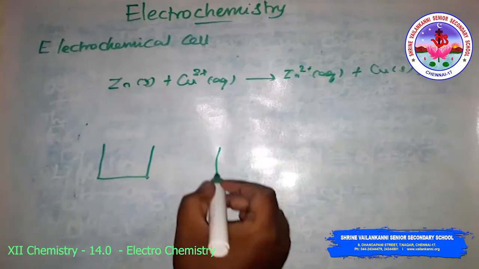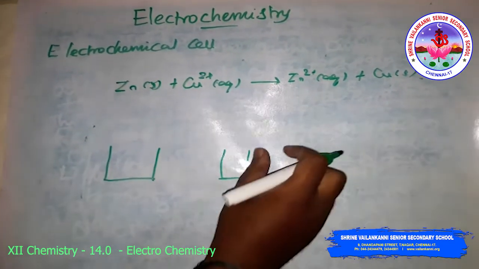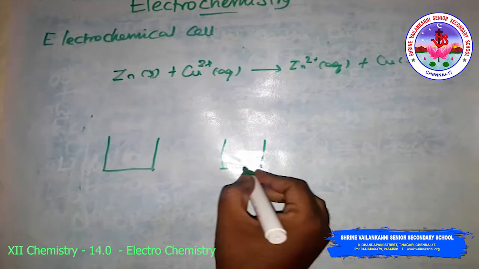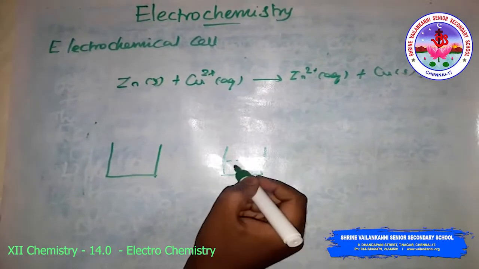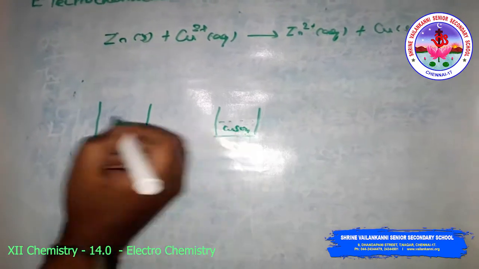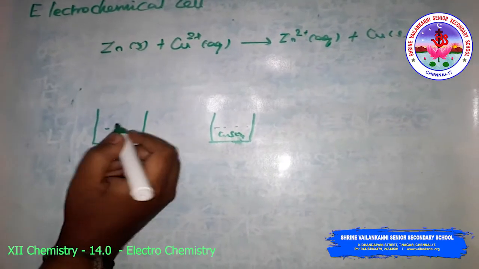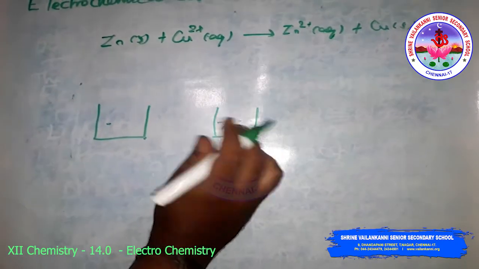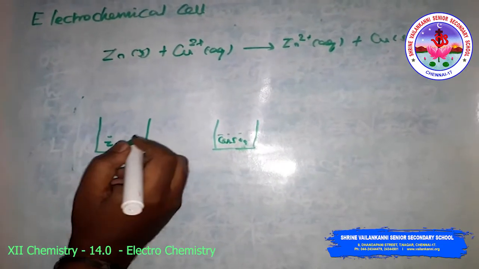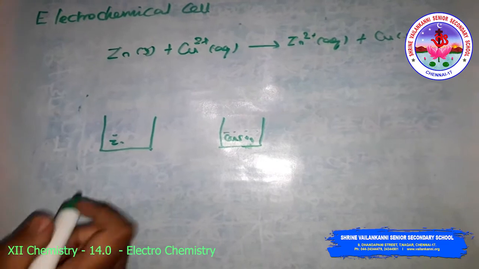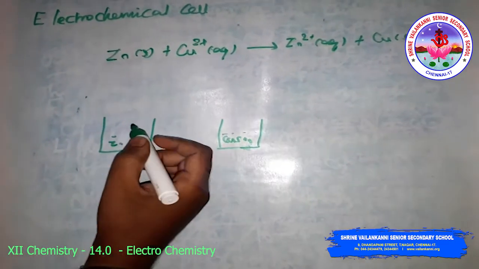Suppose this one contains copper sulfate, CuSO4, and this contains zinc sulfate, ZnSO4. See here, the solutions are connected with what?